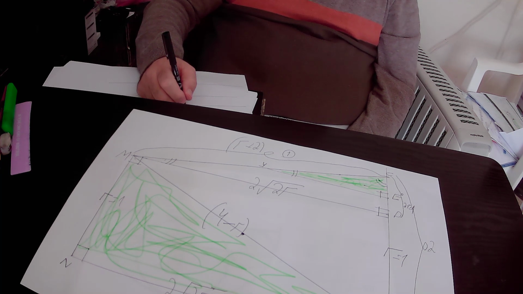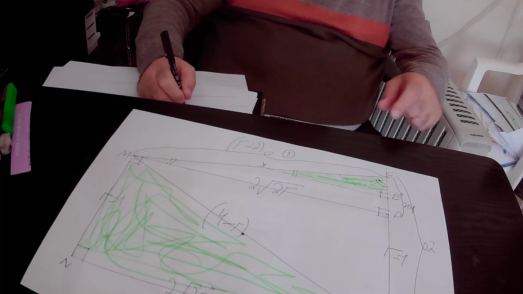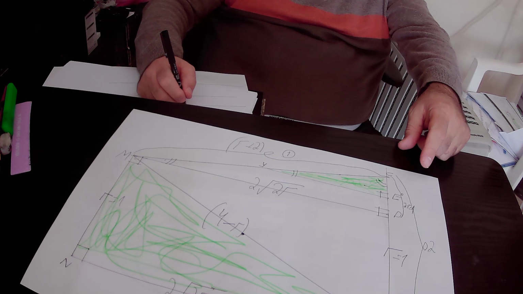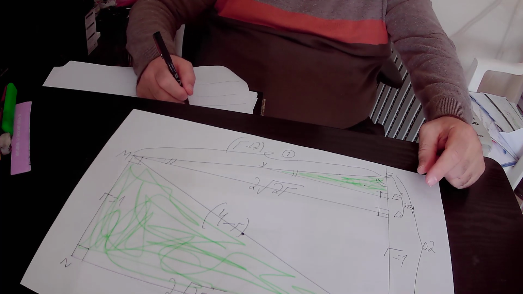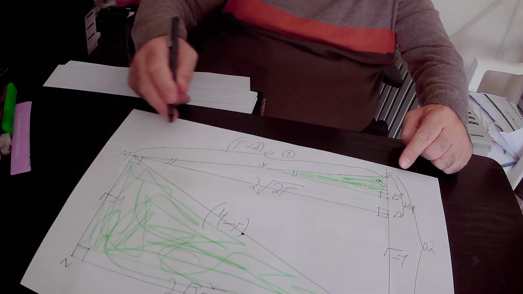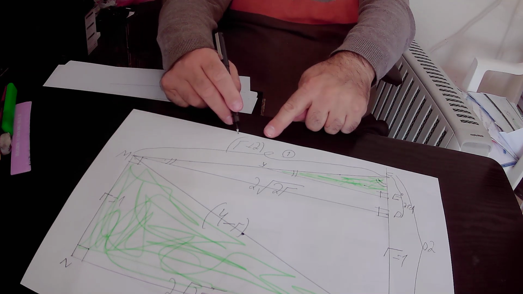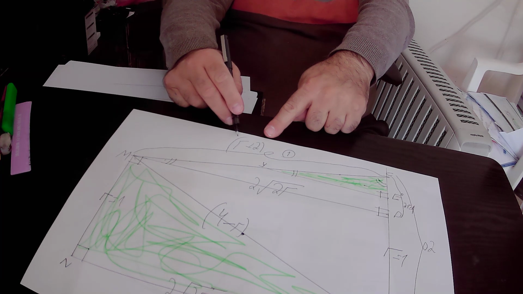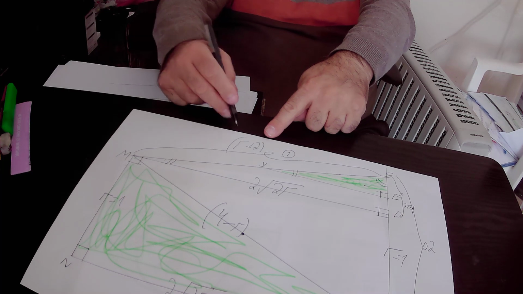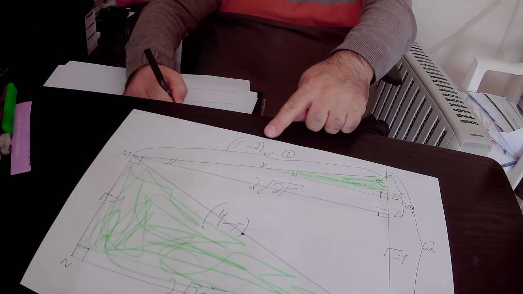What is the value of CM? CM equals R plus 2 and R is 1. So 1 plus 2 is 3. So CM equals 3.